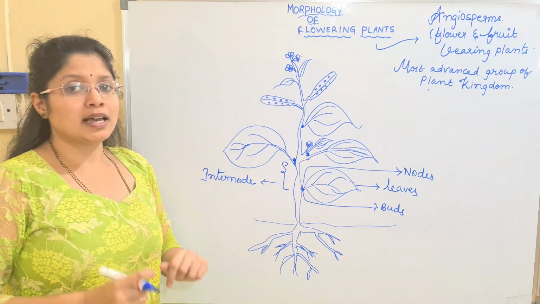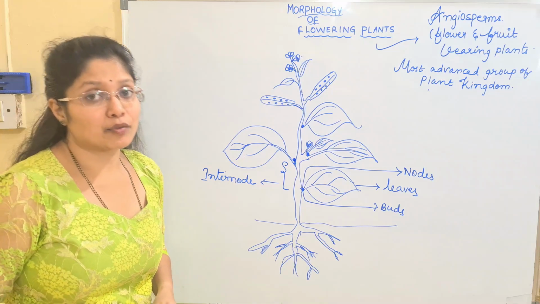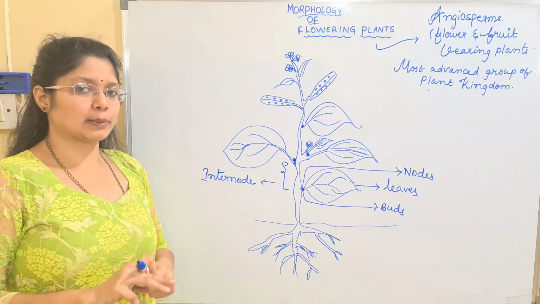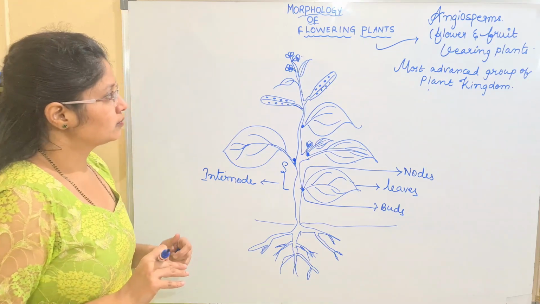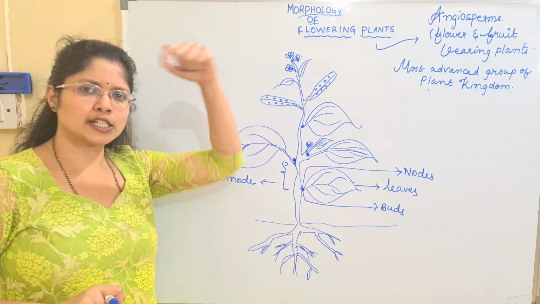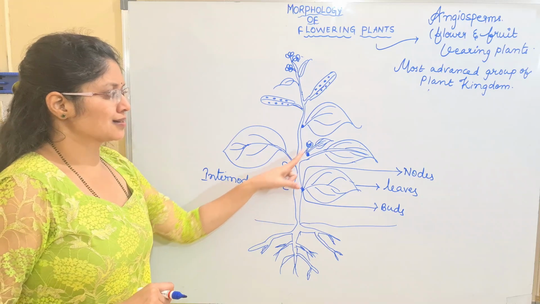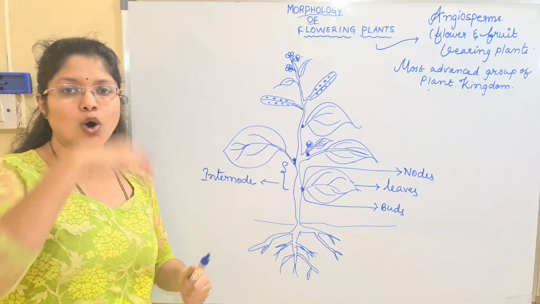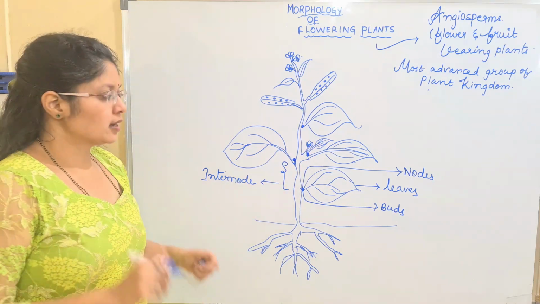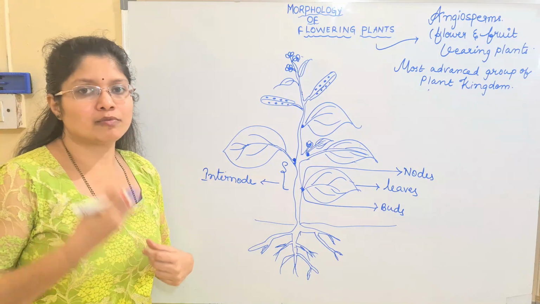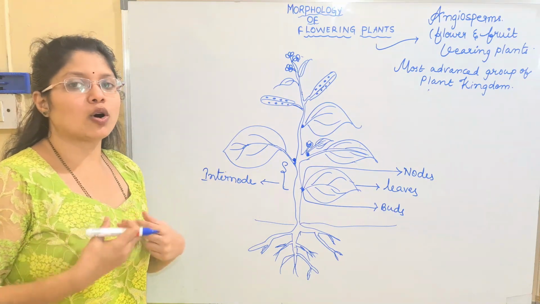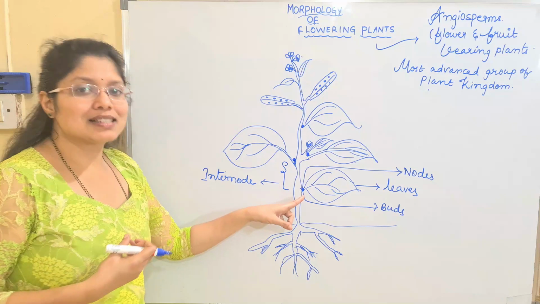We have buds. In buds again, we have two types of buds. What are the two types? We have the terminal bud, which is situated at the top of the plant, and the axillary buds, which are present all over the shoot system. Wherever you see a bud along with a leaf, we call such buds the axillary buds.